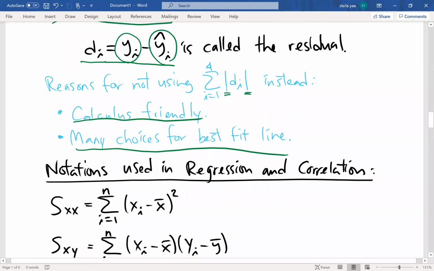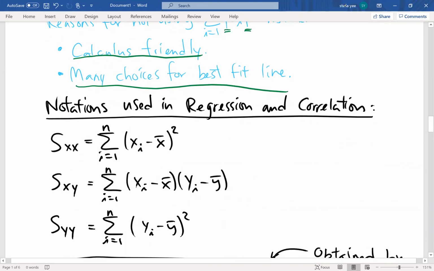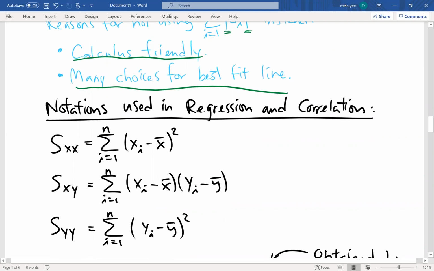I want to get to the formula for the regression line, but before I get there, let me introduce some notation. If I say capital S XX, then we're talking about the sum of the xi values minus its mean, squared.